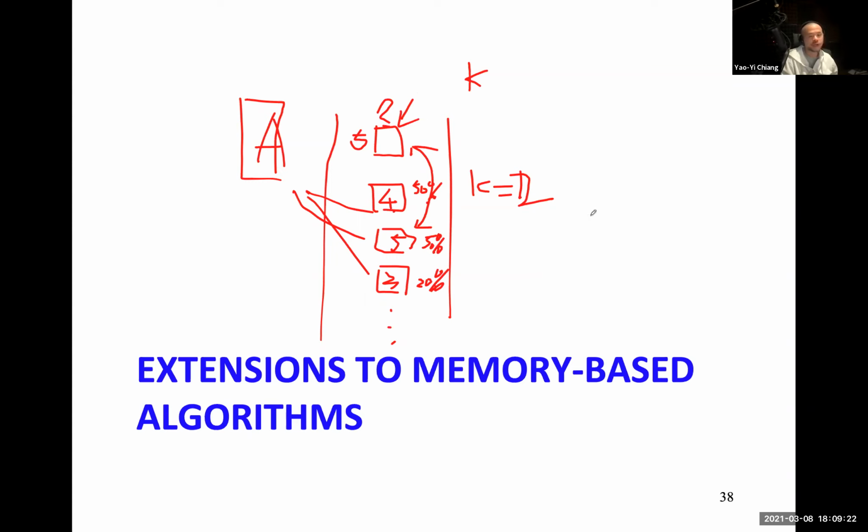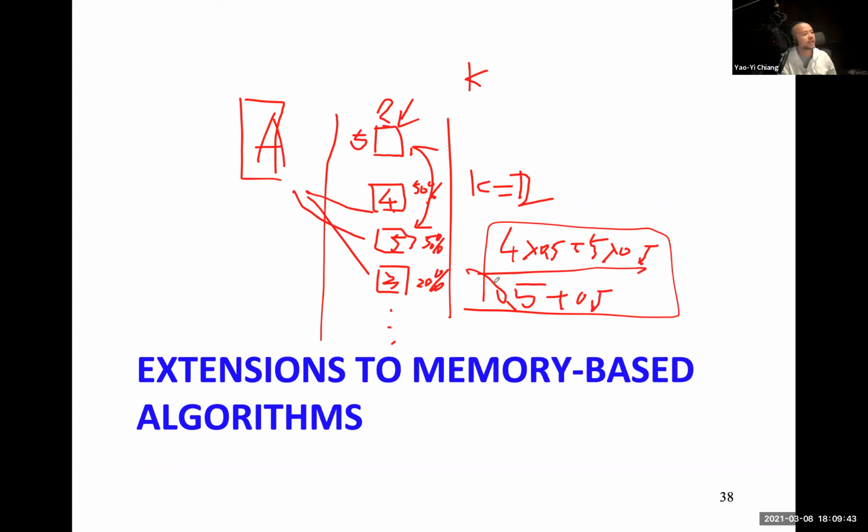K equal to 2. Okay, so great, 4.5. So 4 times 0.5 plus 5 times 0.5, divided by 0.5 plus 0.5. Okay, all right, so that's it, very easy.